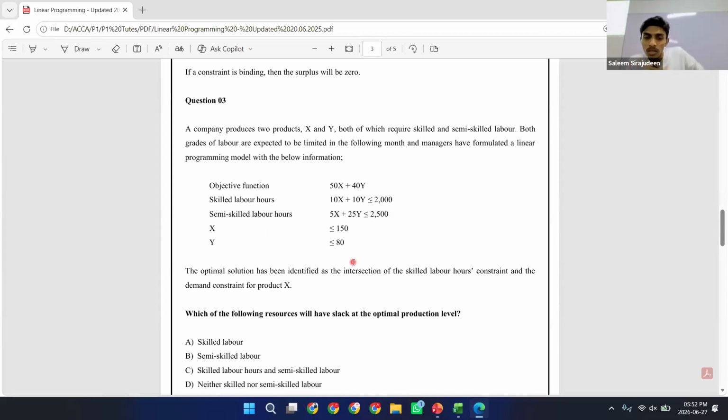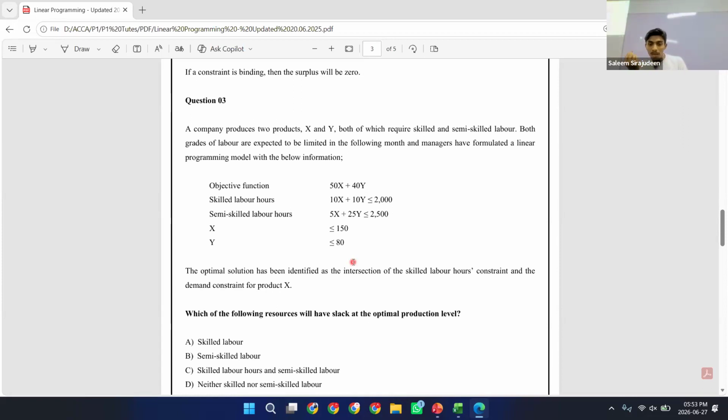Which of the following resources will have slack at the optimal production level? Now tell me, now what are the binding constraints here? Skill labor hours and the demand of X. Binding constraint, will those have slack? Binding constraint means the resource which is fully utilized. Will those have slack? Any? No. So first one, skill labor, is that correct?